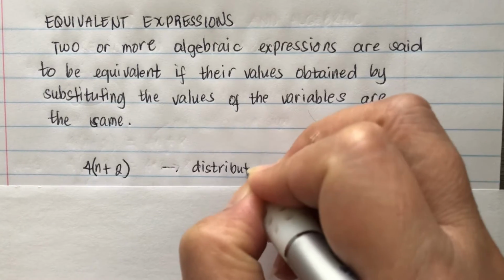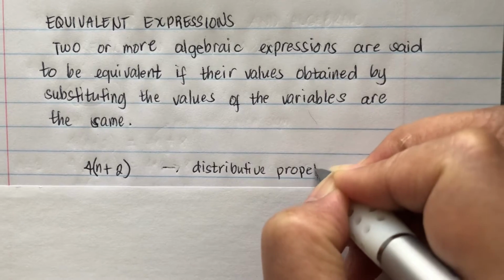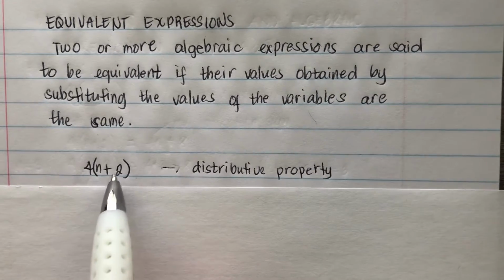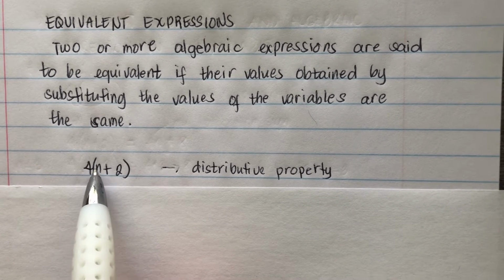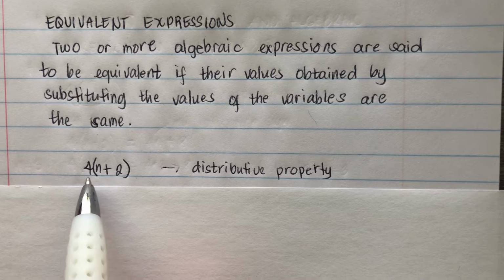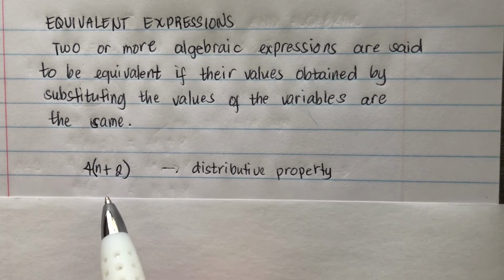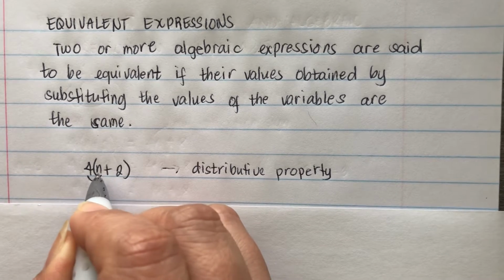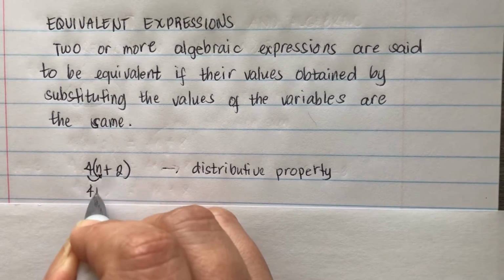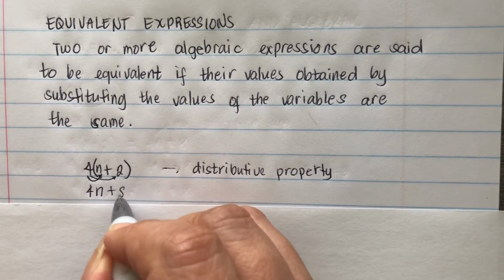What it means is, because there's a parenthesis in the quantity n plus 2, there is a multiplication sign before the parenthesis. So we are going to distribute 4 to the quantity inside the parenthesis. To do that, we multiply each one. So 4 times n is 4n, and 4 times 2 is 8.